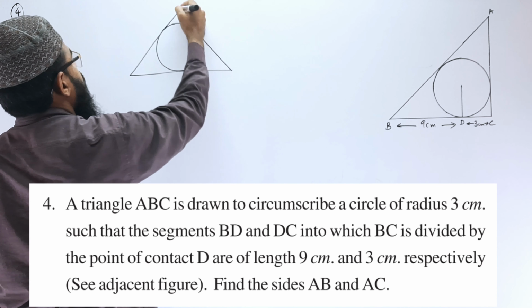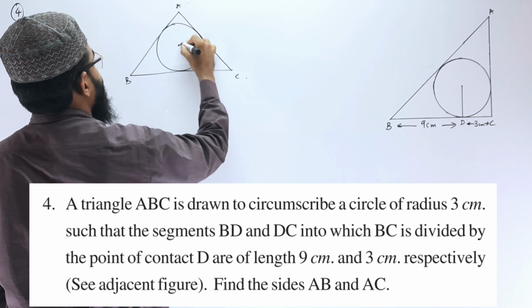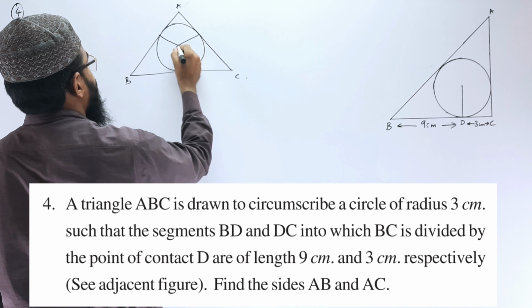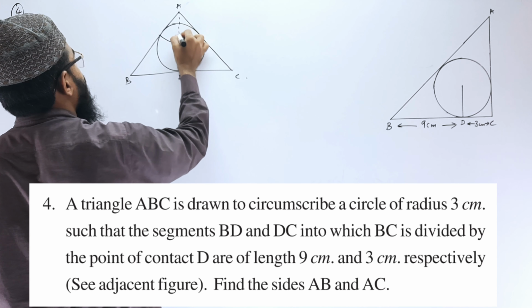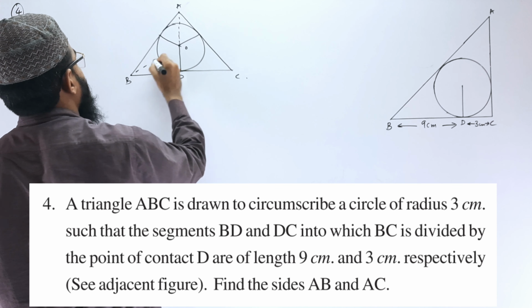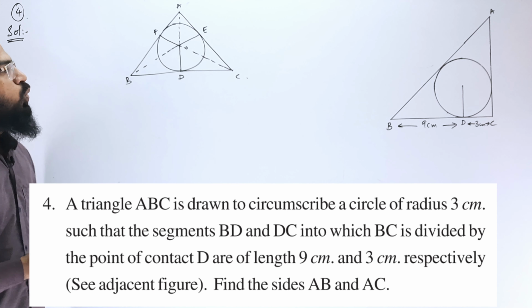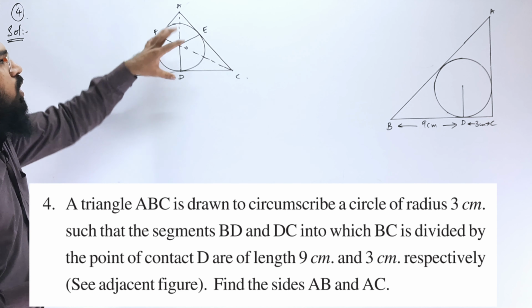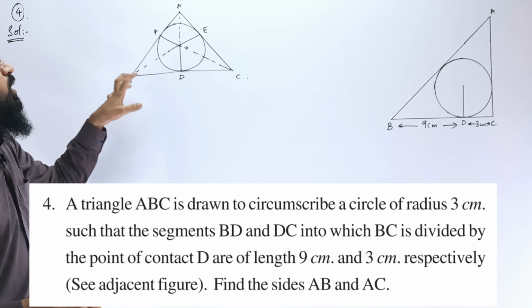B, C. Next, this is the center O. This point is D. E, F. Here we have drawn a circle that is circumscribed by this triangle ABC, and the sides BC, AC and AB are touching the circle at D, E, F.